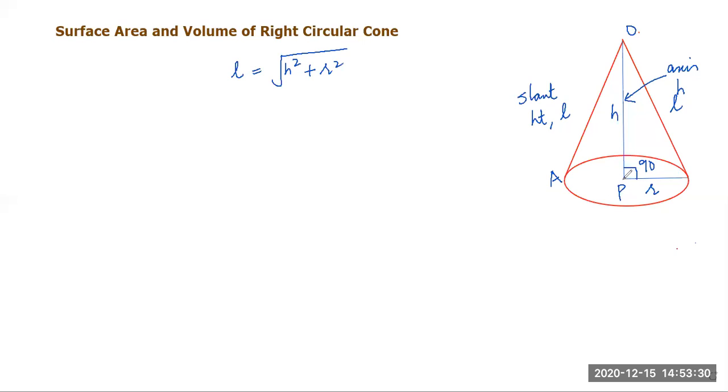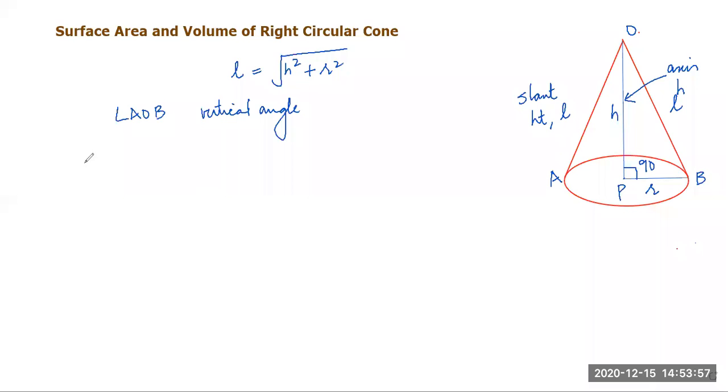Then the vertical angle. This angle AOB is known as the vertical angle of the cone.